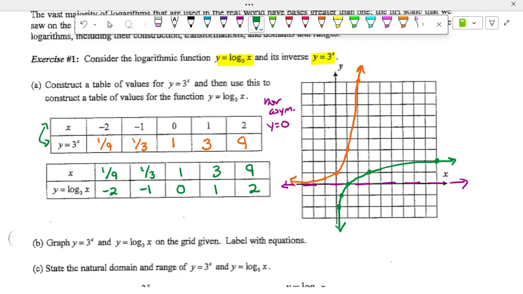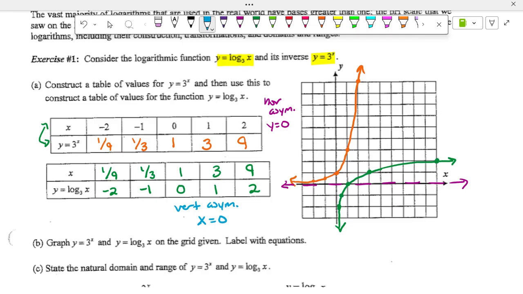Well, think about it. If we switch x and y for everything, what do you think it is? x equals 0. So our vertical asymptote for our logarithm is x equals 0. Because if y equals 0 is our horizontal asymptote for the exponential, and they're inverses of each other, that means x and y flip.